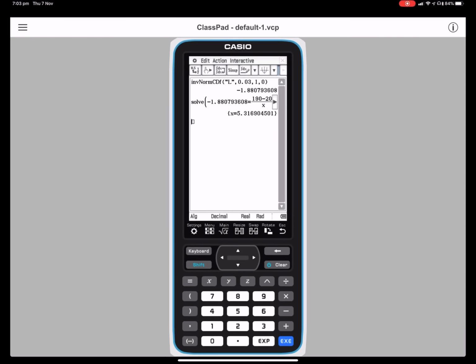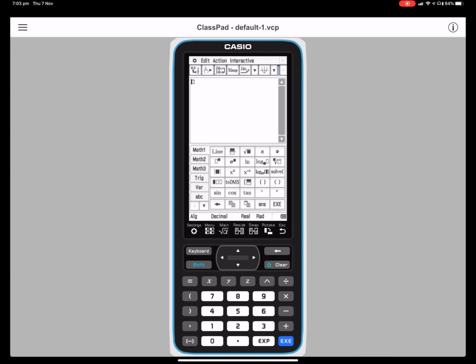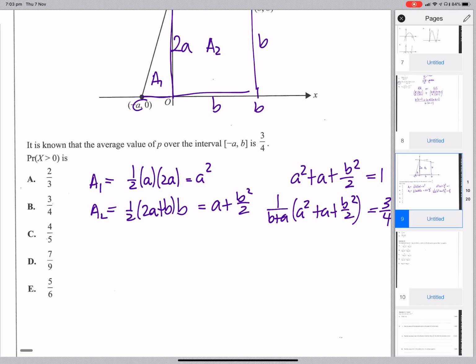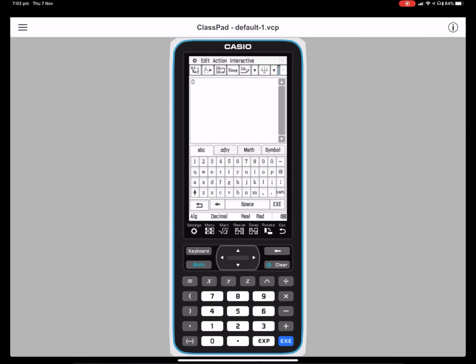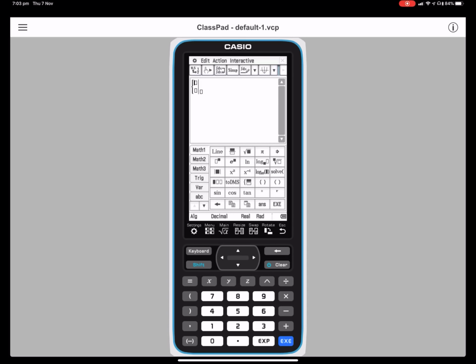Okay, let's see if anything makes sense. I'm going to use the same letters. A squared plus A plus B squared on 2. Let's cut it. Okay, so we know we've got to solve simultaneous.